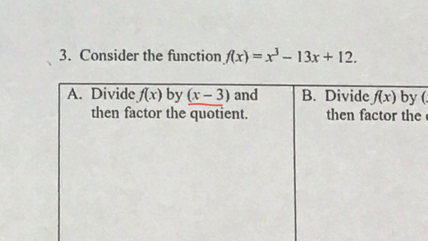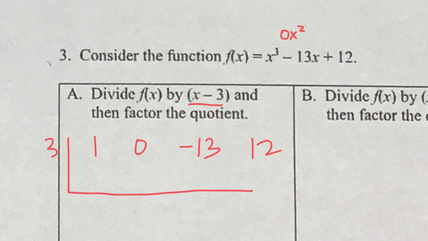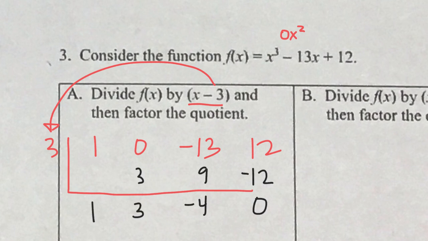We're going to use synthetic division to do this division. We have 0x squared, so we have a 0 in that spot. And we're going to use positive 3 as your outside number for your synthetic division.